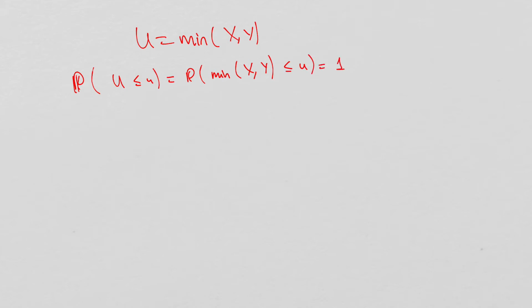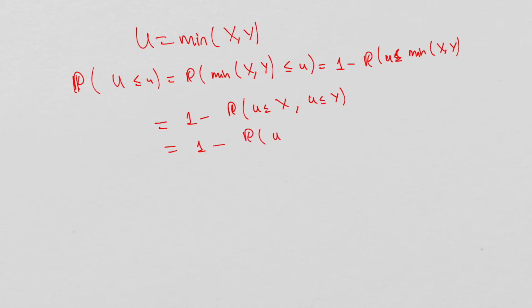I can write this as a complement, so it's going to be 1 minus the probability that u is smaller than the minimum of x and y. If the minimum is bigger, that means u is smaller than x and u is smaller than y. Because they're independent of each other, I can write this as the probability u is smaller than x times the probability u is smaller than y.